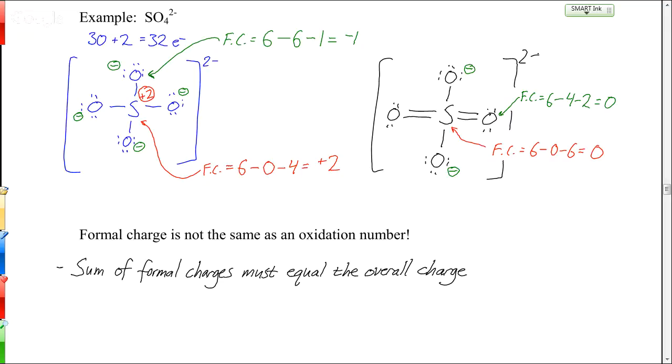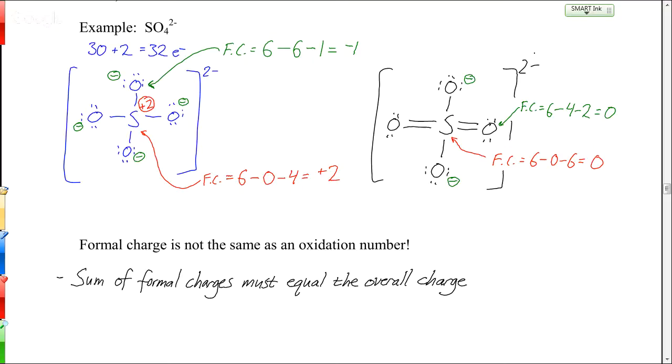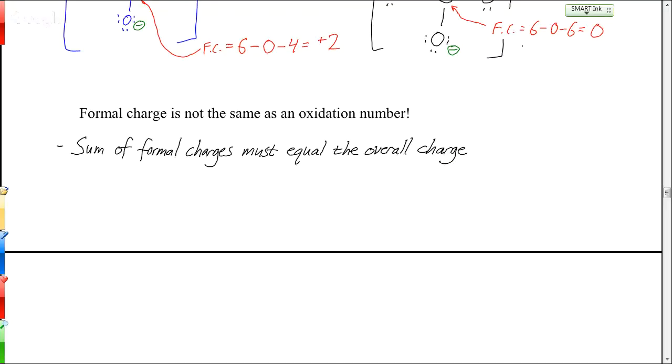All right. So let's go back to, well, here, a couple other things about judging formal charges.